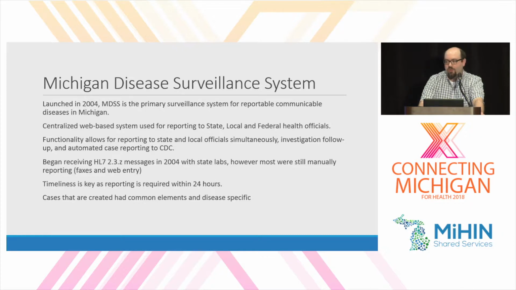There's about 80 of them in the state, ranging from foodborne illnesses like salmonella to STDs like chlamydia and syphilis, HIV and the like. All of these have to be reported to us in order to investigate, follow up on, and prevent any further spread of them.